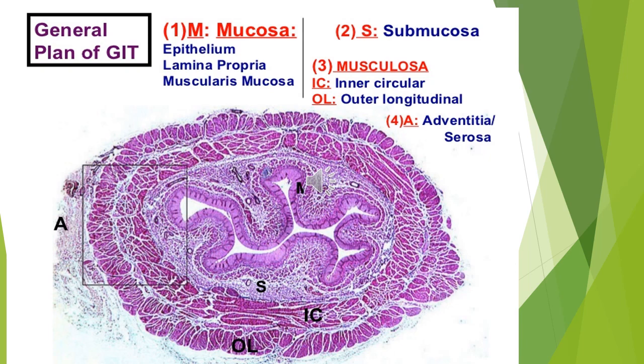Just outside it, you can see A. This means it has loose connective tissue along with blood vessels and adipose tissue, and there is no boundary wall of squamous cells. So this is adventitia. This is the general arrangement of the different layers in the GIT.